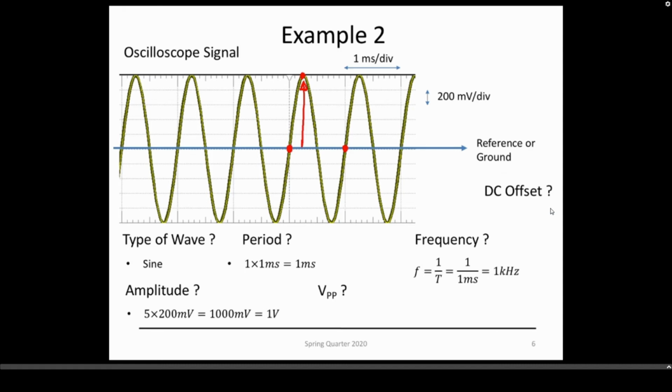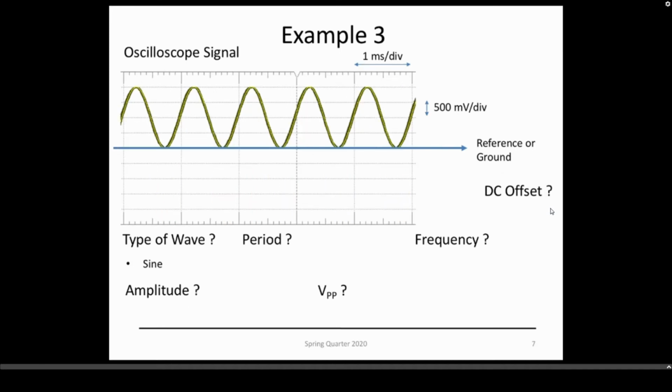Volt peak to peak is going to be all this distance from your min to your max, 2 volts. And once again, DC offset, the same amount of divisions here that I have over here, or the reference point is in the middle of your graph, DC offset is 0.